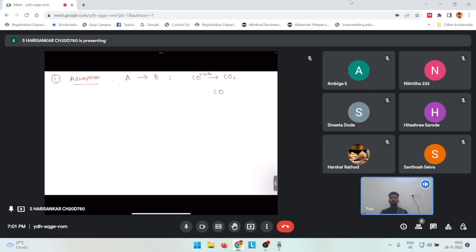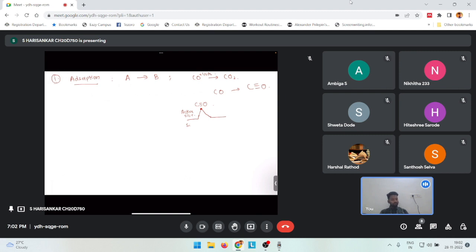can get adsorbed onto the active sites in two ways. The first way is, let us say this hill represents an active site. CO is basically C triple bond O, right? So both this C and O can get adsorbed here in a single active site. That is something called a single site mechanism or a single site model.